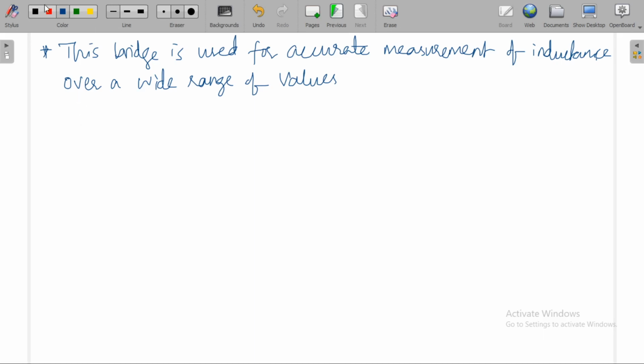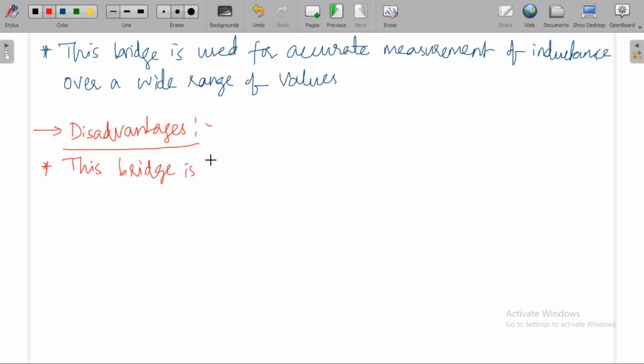Coming to the disadvantages, this bridge is a more complex bridge.